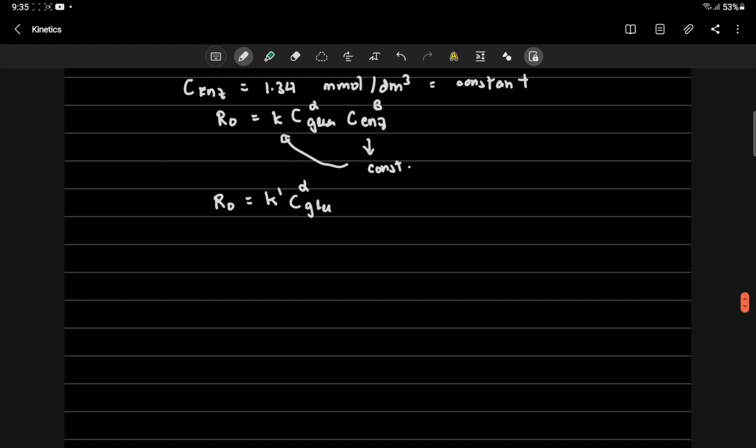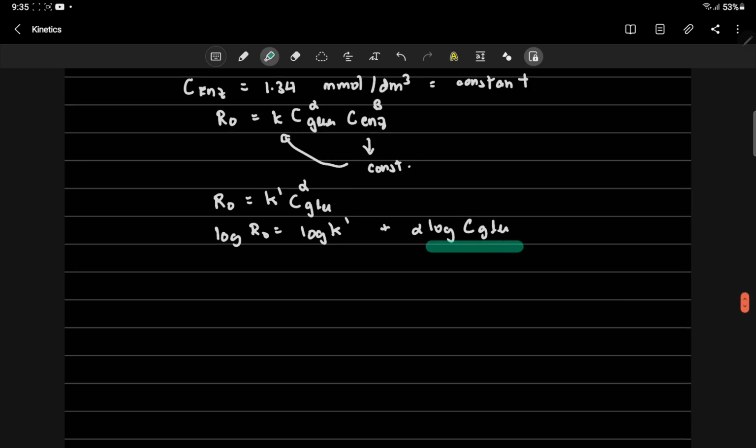So if we now take the log of this equation, we'll get log R is equal to log K plus alpha log of the glucose concentration. So we can plot the log of the glucose concentration in the x-axis and the log of the initial rate in the y-axis.